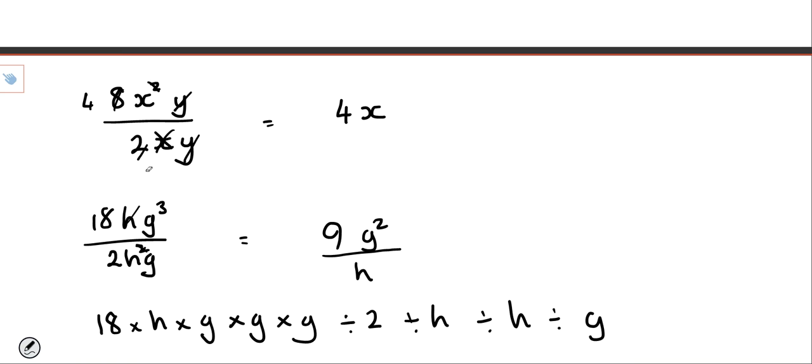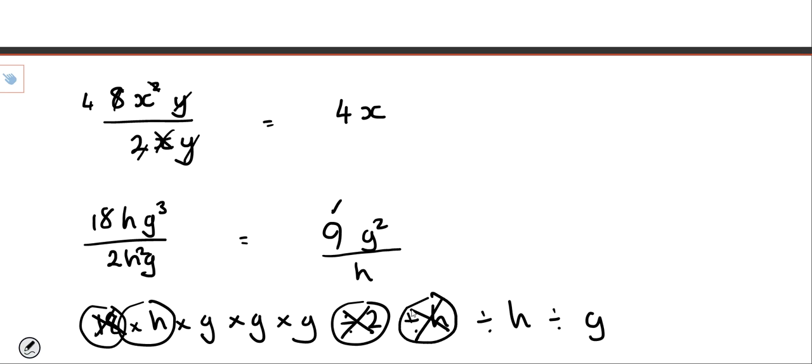That's what we had to start with. So what happens? The 18 divided by the 2 gives me the 9. One h divided by an h goes. And then one g is divided. I'm left with the 9, the g squared, and the divide by h is still there. Make sense?